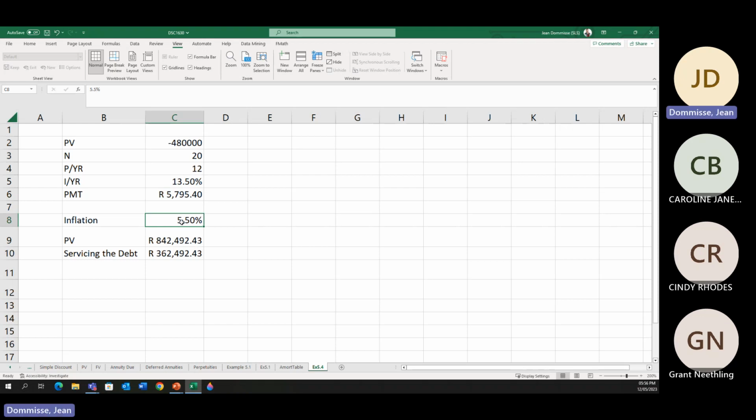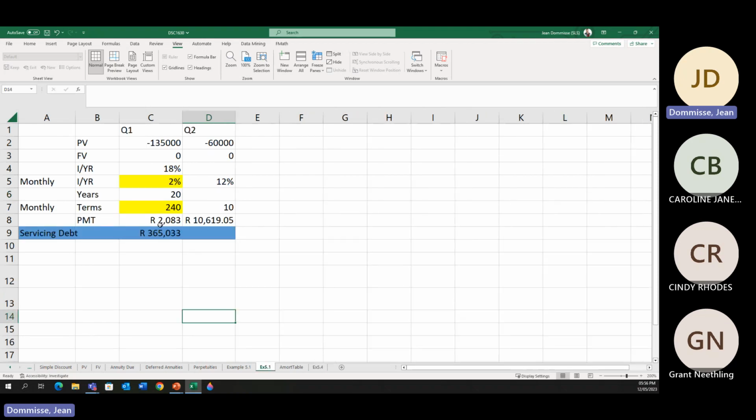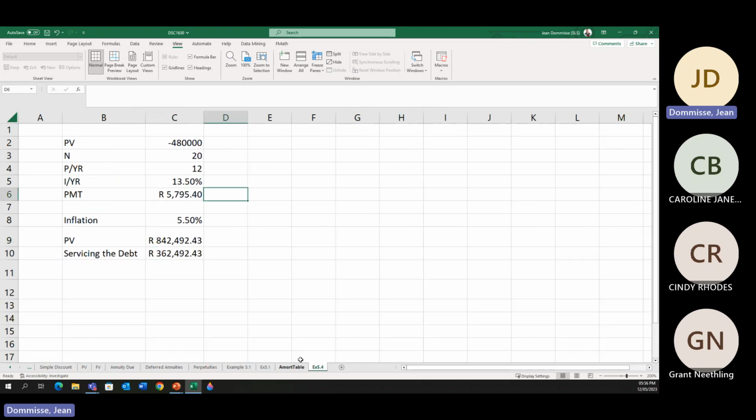If we did not have that inflation rate, we basically would just have said that amount times the 240 terms that you would have paid it. So then it would have been exactly like we did in this instance. We would have just multiplied it by 240, but they told us there is an inflation rate that we need to work with.